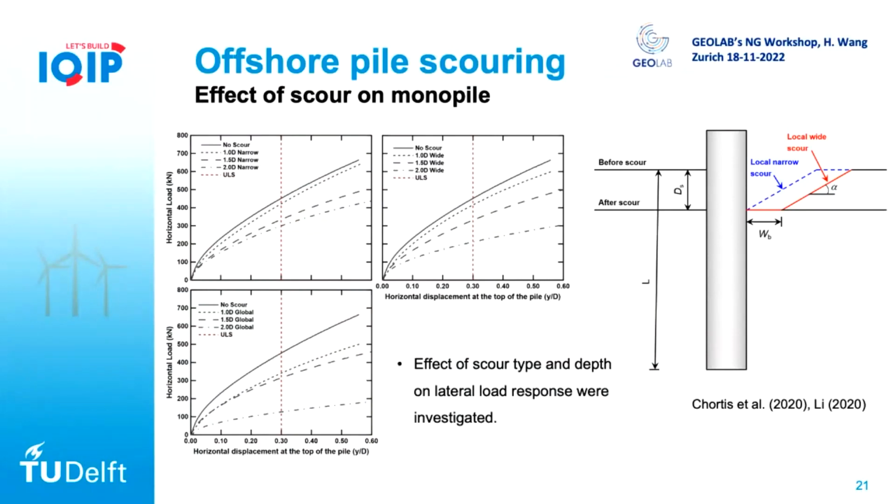You can really see the significant change or degradation of the stiffness and the capacity of the pile. From the top left, it's a narrow scour, and you can see when we change from the narrow to the wide and to a global scour, at a displacement of around 0.3, more than half of the capacity is lost. So this is really something to consider when we design the monopile.